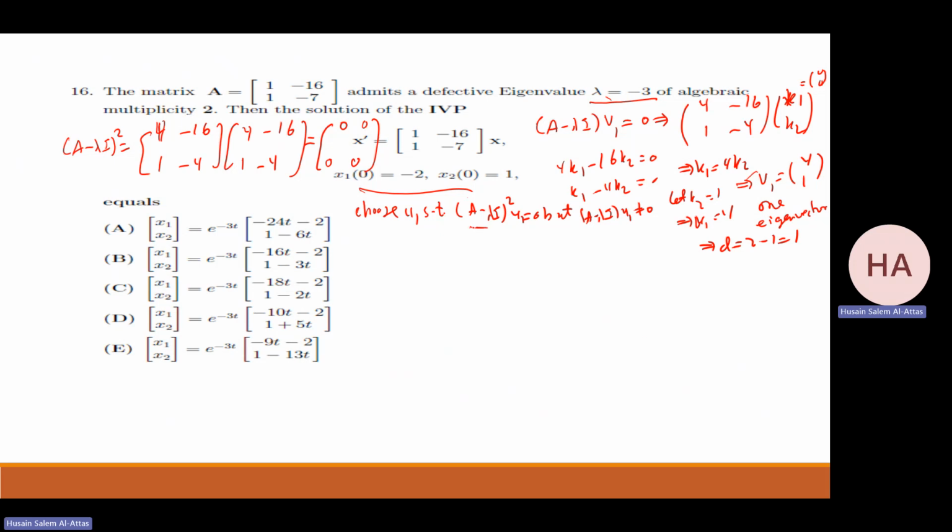Next, here we have no restriction. So let u1 equal 1, 0. Who cares? Anything will work since I have an initial condition, so the C's will be controlled. Okay.